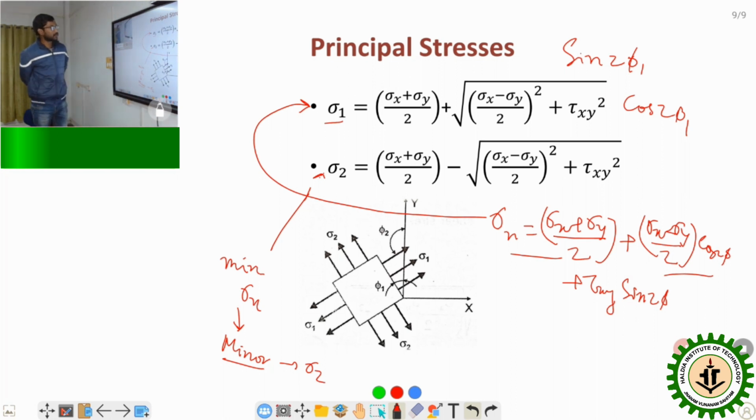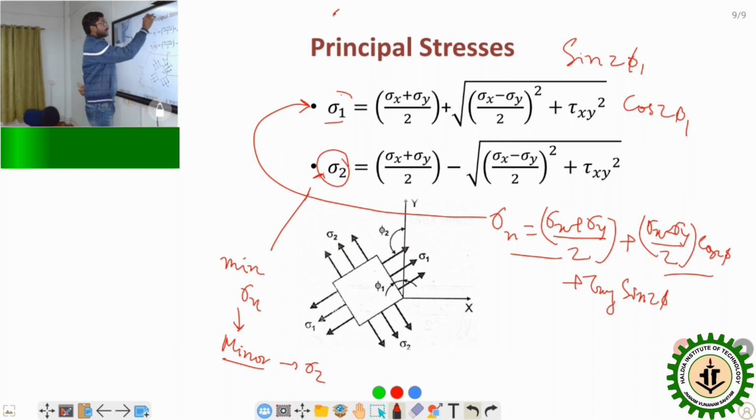So that is all about the mathematical derivation of principal stresses, maximum normal stress sigma 1 and minimum normal stress sigma 2 for two values of angle, that is phi 1 and phi 2.